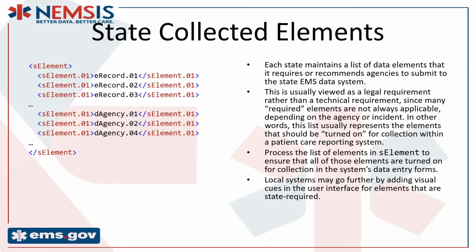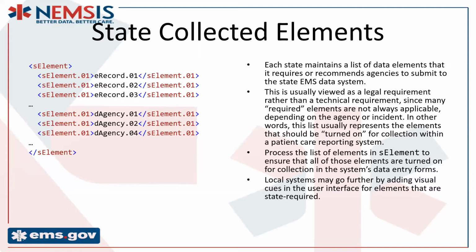I will point out that this is usually viewed more as a legal requirement than a technical requirement. What I mean is the state, by having an element on their list, is telling the agencies that they should have that data element available in their data entry form. It should be turned on, it should be exported when it's collected.